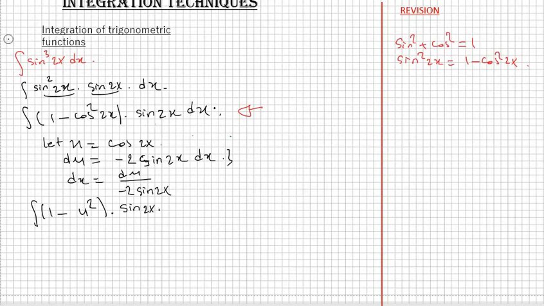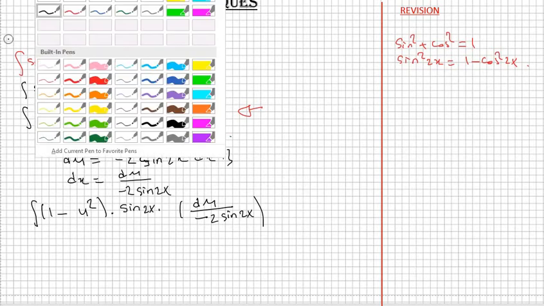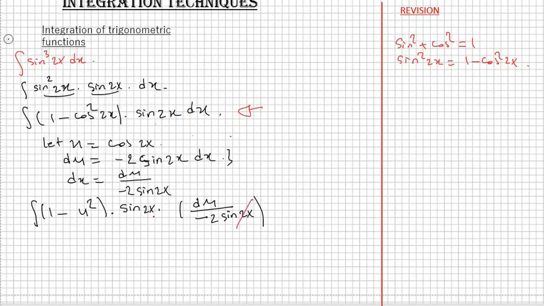but I have dx here which is written in terms of u. So dx is equal to du over sine 2x. So now at the end you are going to realize that these two sine can cancel, then you will only remain with an expression which is written in terms of u.